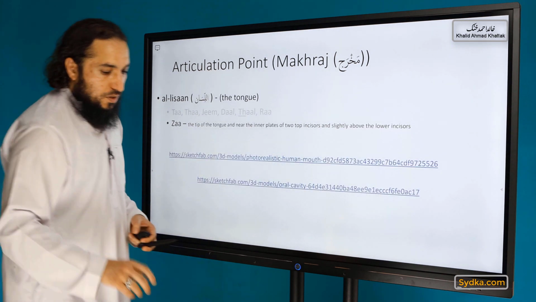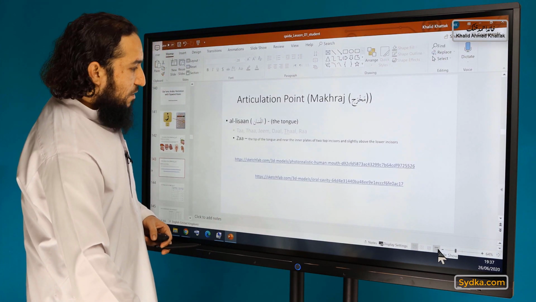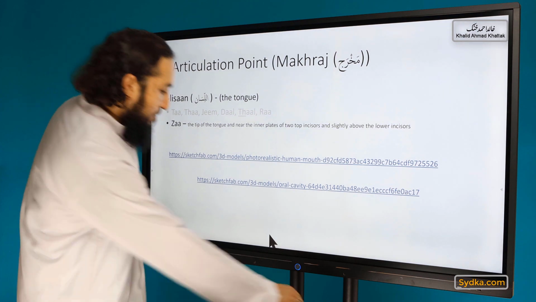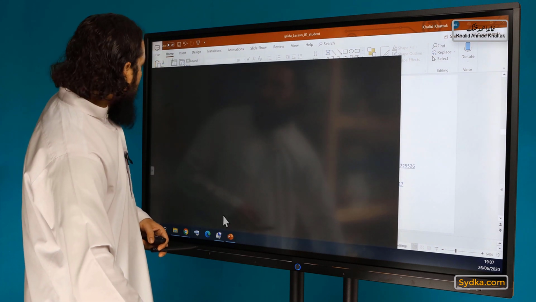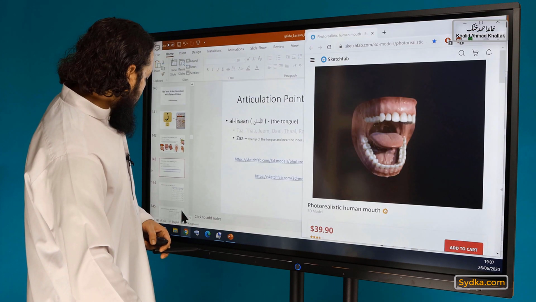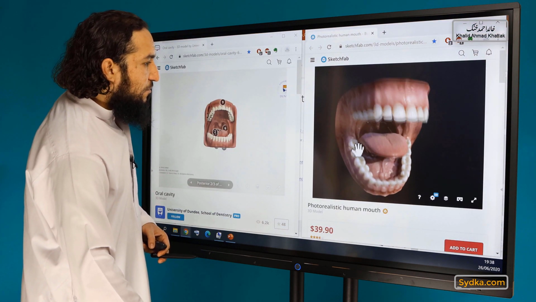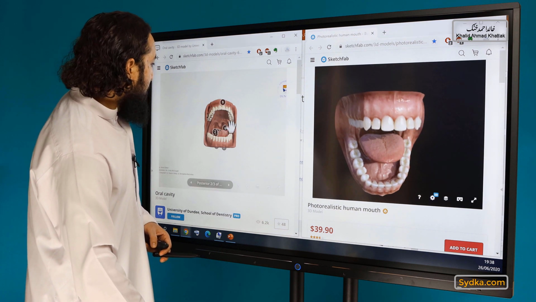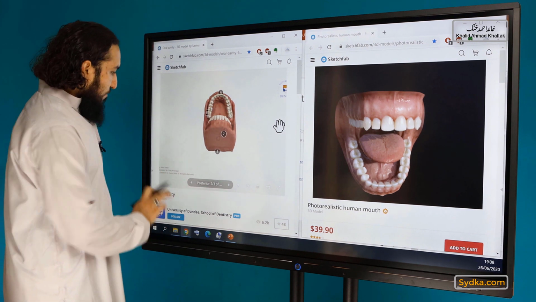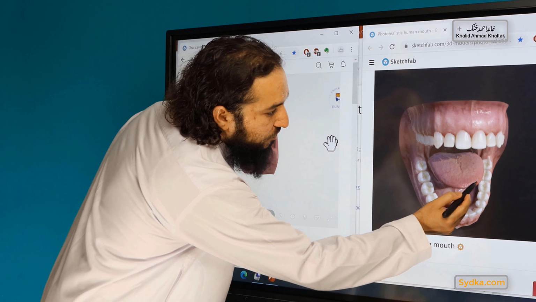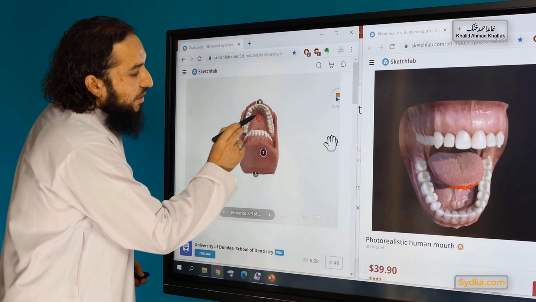Let me explain it with the 3D model. Okay, so we have the tip of the tongue, and that's the inner place near the top incisors.